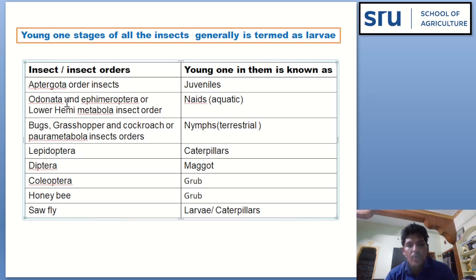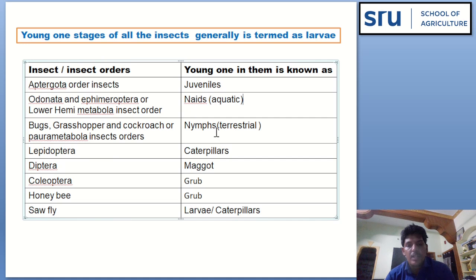In case of Odonata and Ephemeroptera, or in lower hemimetabola insect orders, the young stage is the naiad stage. In case of bugs, grasshoppers, and cockroaches, or in paurometabola insect orders, the young stage is known as the nymphal stage, which is terrestrial in habitat.